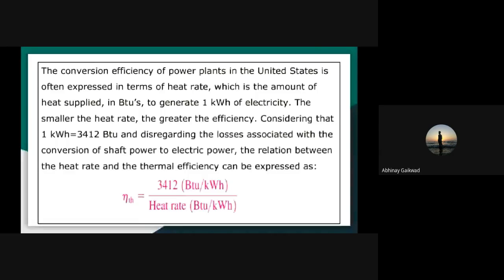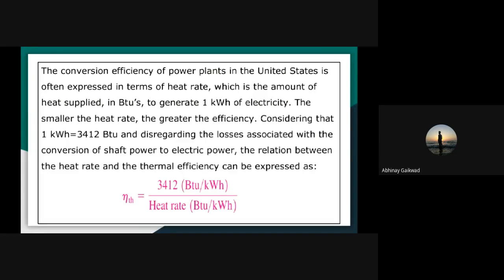That is, our thermal efficiency eta TH is equal to 3412 divided by heat rate. So this is one formula. This formula may be useful in some questions, so I have inserted it in this slide. You can note down the formula.